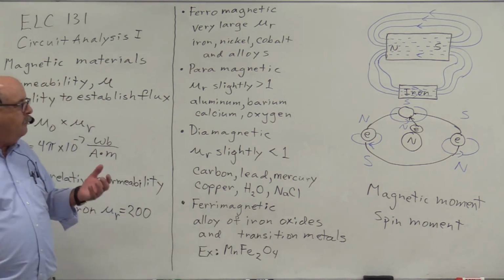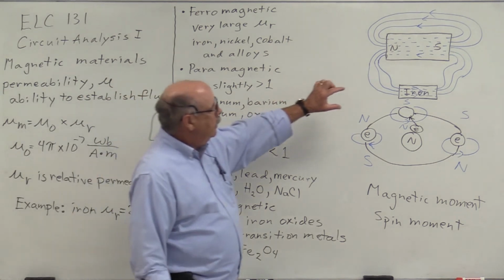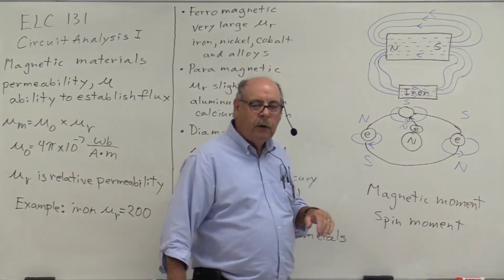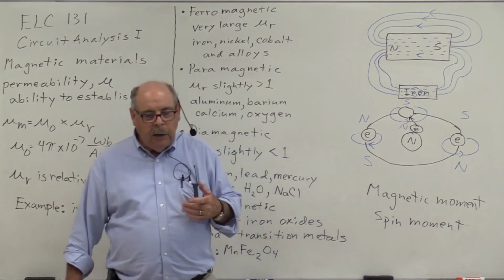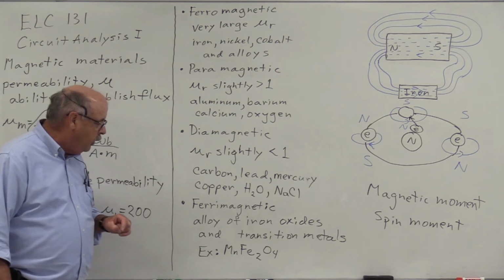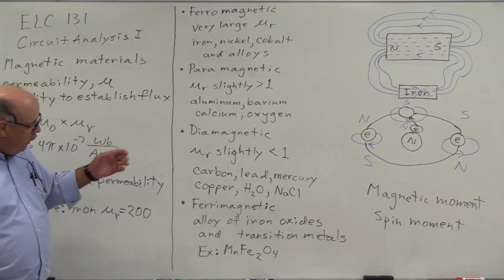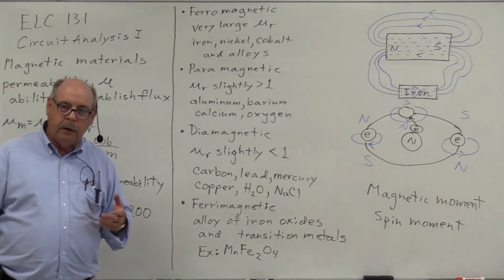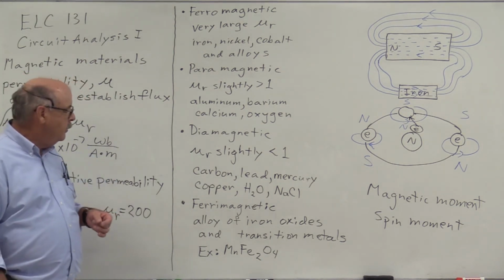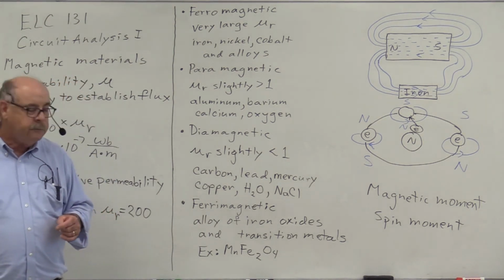So if I put a piece of carbon here, we would find that these lines of force would be slightly pushed away from the carbon. And in the list of diamagnetic materials: carbon, lead, mercury, copper, H2O, water, and sodium chloride. Again, there's many more materials in this list.